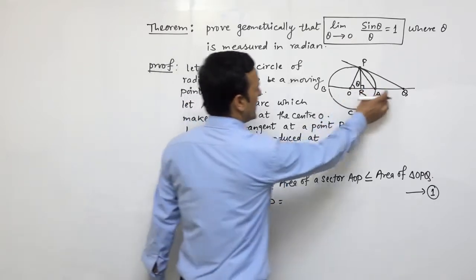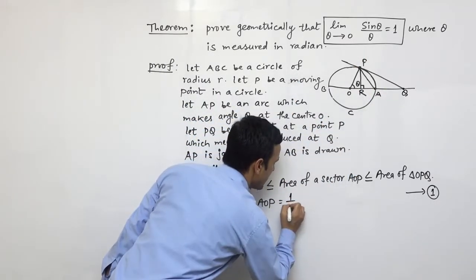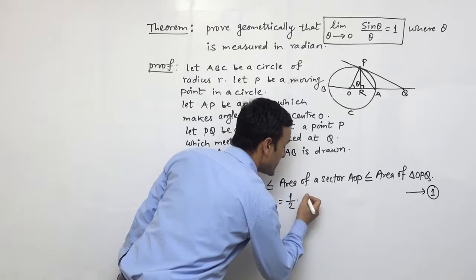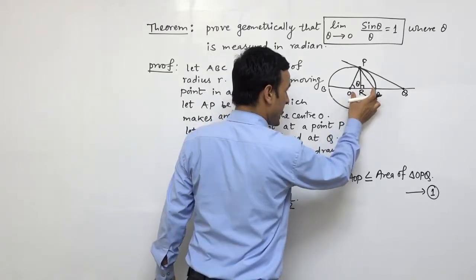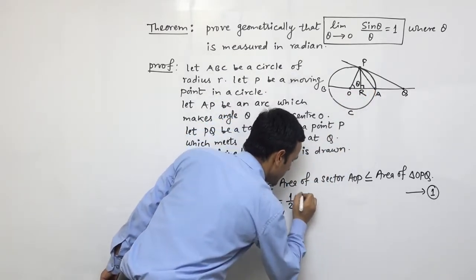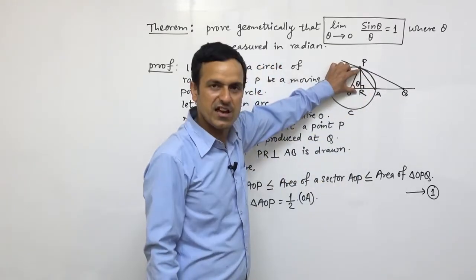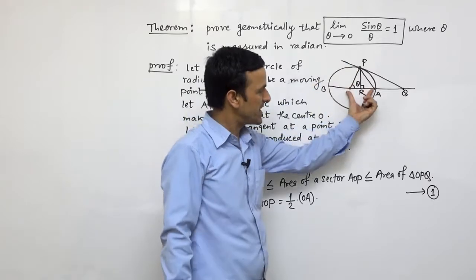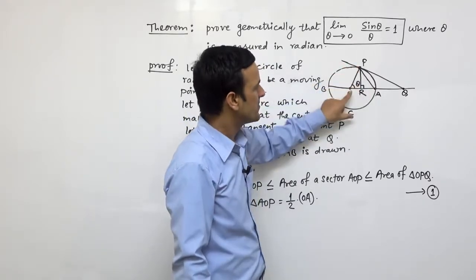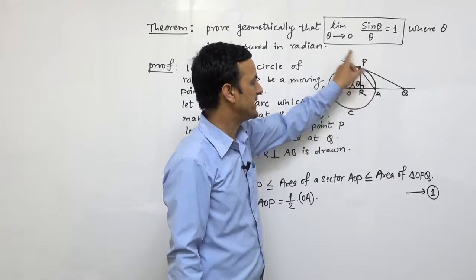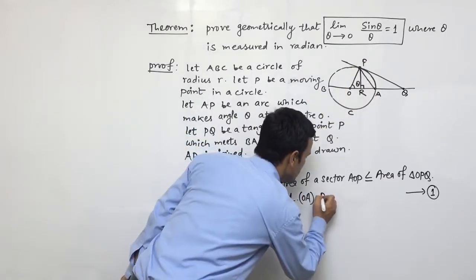Now AOP means it is half into base into height. Base means OA, write down OA, it is base, and height means it is PR. This is the height, this is the base, and this is the height for this triangle OAP. So OA into PR.